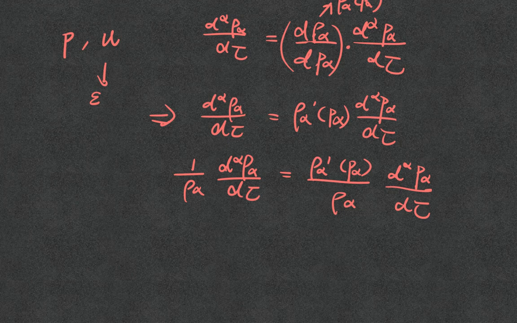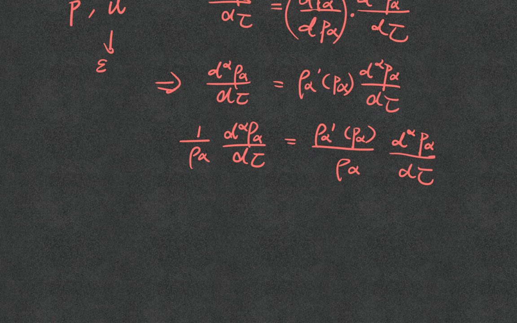Okay, so here what I want to do is the following. I just need to substitute rho alpha equals m alpha divided by V alpha, and then I change the variable again.